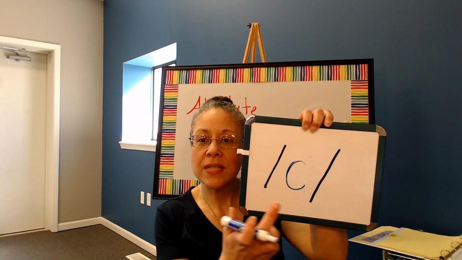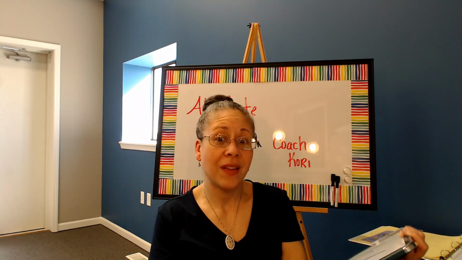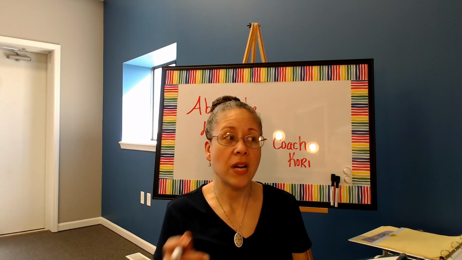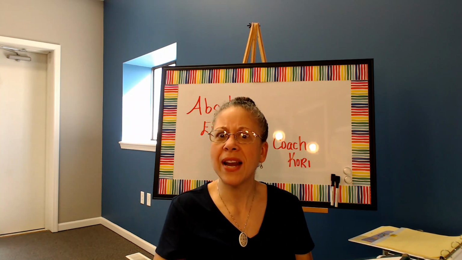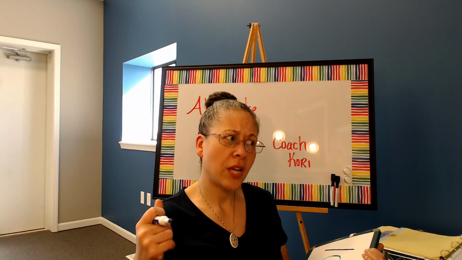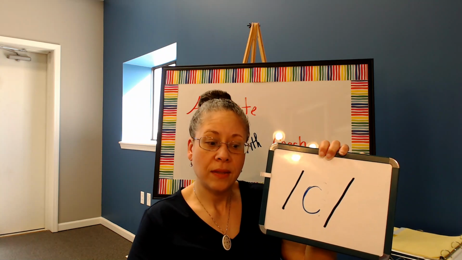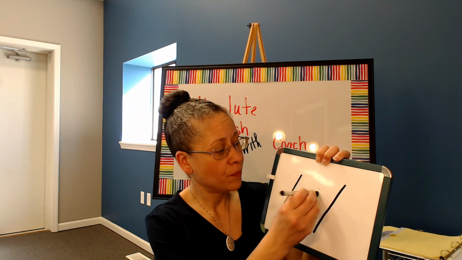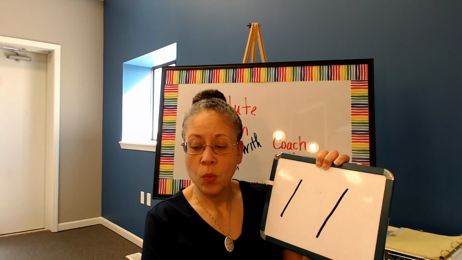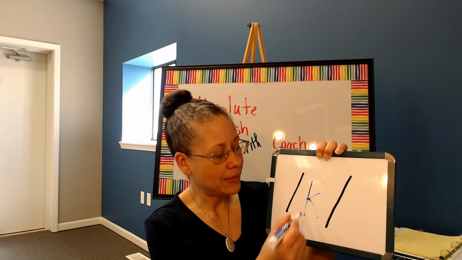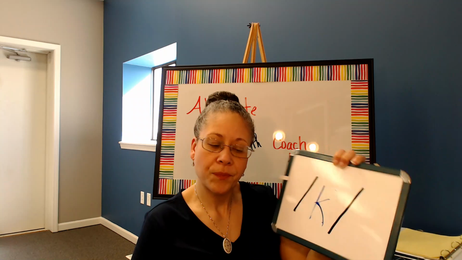So we have the C and we have the K that both make that K sound. Now, is that the only rule? No, but we'll cover that again later. English can be tricky. But for now, K can be made with the C, and it can be made with a K sound. A K.